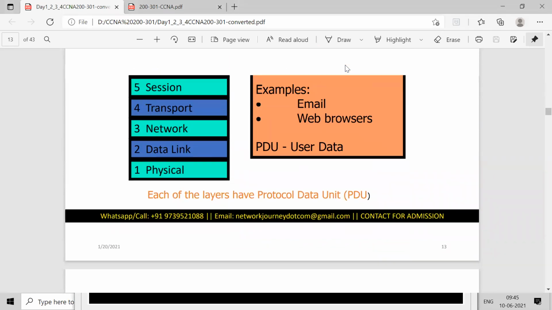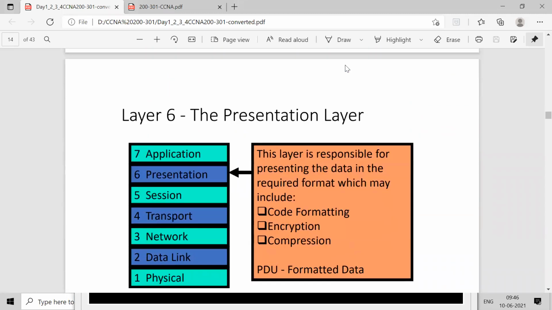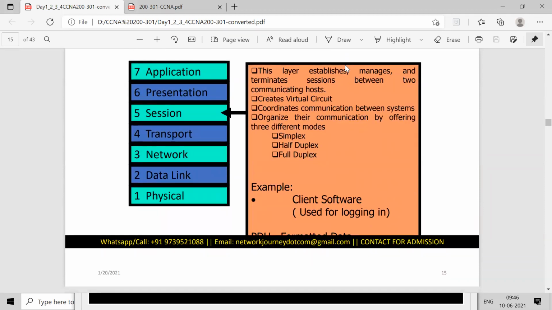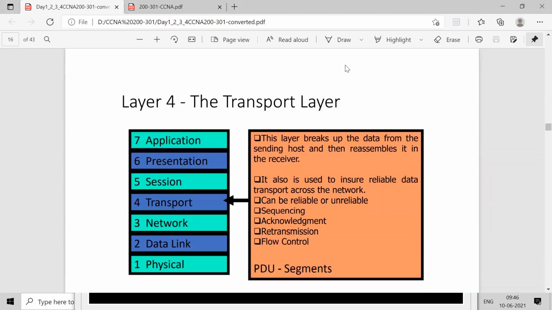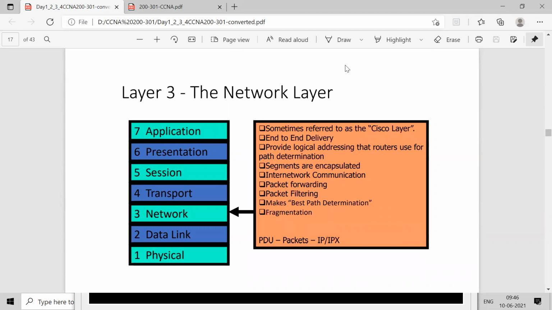Okay, half duplex communication. So we talked about the application layer, the presentation layer, the session layer, duplex communication and all. We talked about the transport layer: sequencing, acknowledgement, retransmission, flow control. We talked about the network layer: IP addressing, inter-network communication, best path determination.